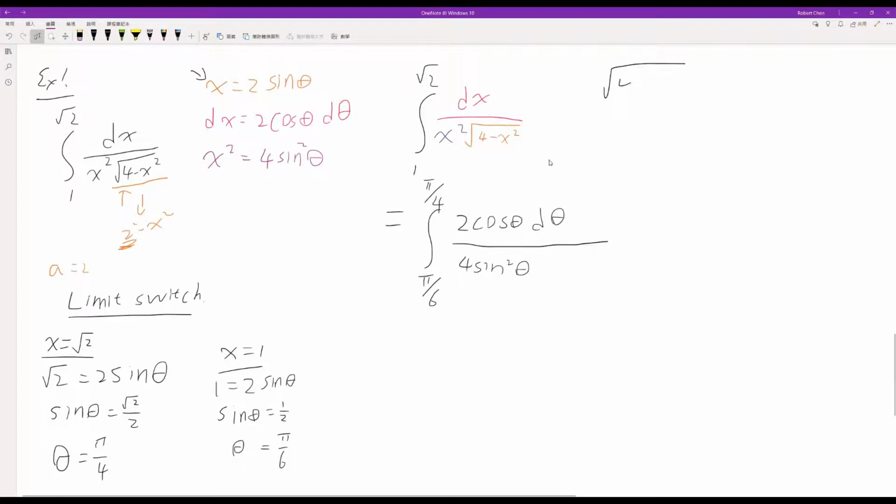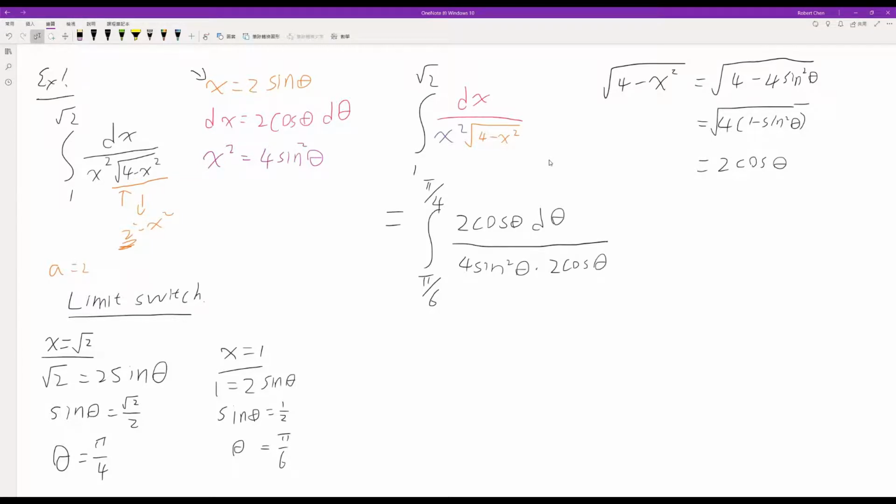We have 4 minus x squared, where x is 2 sine theta, so that will be 4 minus 4 sine squared theta, which will be 4 times 1 minus sine squared. And we know 1 minus sine squared is cosine squared, so that would just be 2 cosine theta.